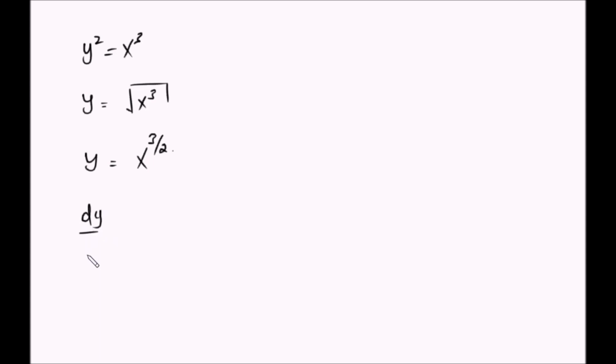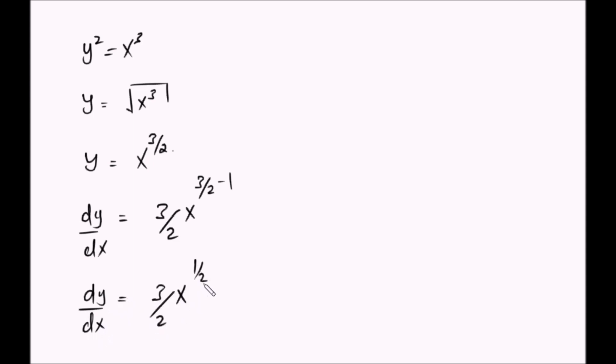So dy dx there will be what? It will be 3 over 2 x power 3 over 2 minus 1. So our dy dx now, it becomes 3 over 2 x power 1 over 2. So our dy dx now, it becomes 3 over 2 the square root of x. So this now is our dy dx.